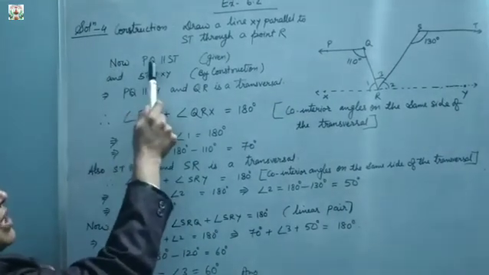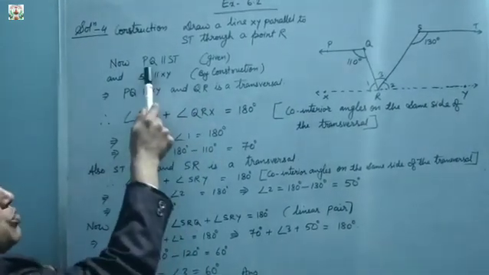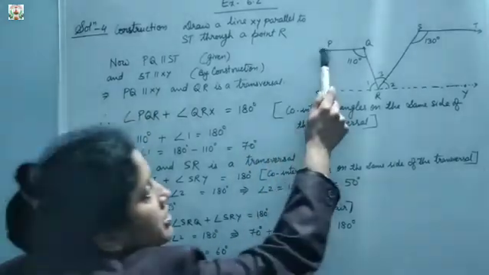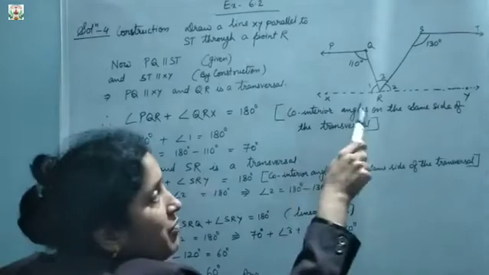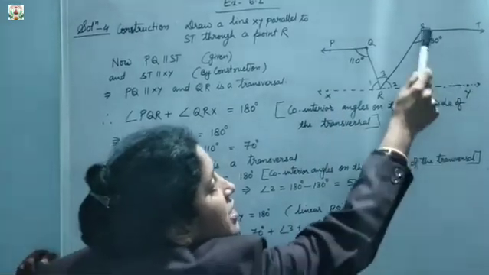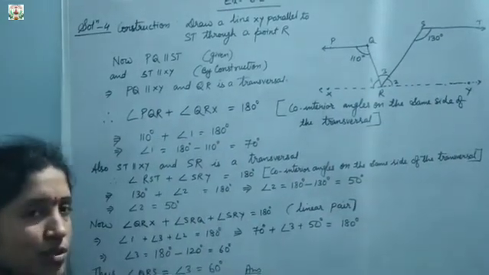Now we know that it is given in the question that PQ is parallel to ST. Now we have drawn XY parallel to ST, by construction.